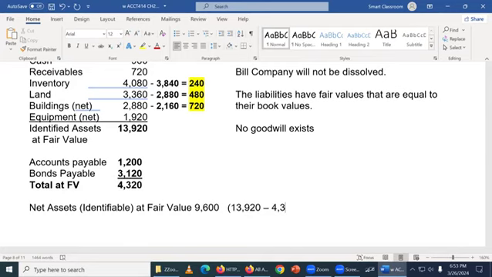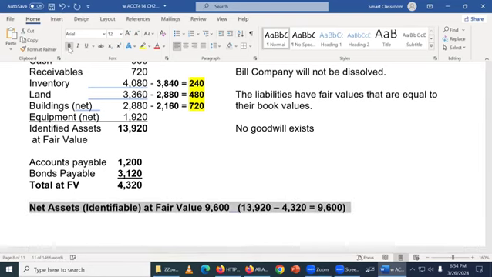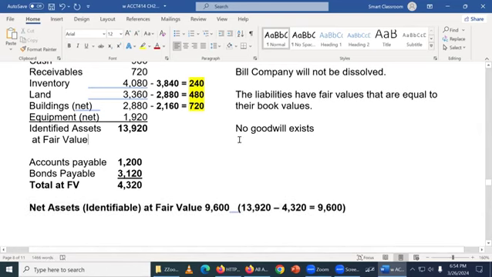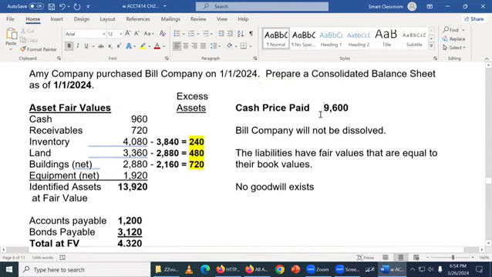So the assets are the good stuff and the liabilities are the bad stuff, and so that's how we got that. So is there any goodwill in this? No, we paid exactly what it's worth.